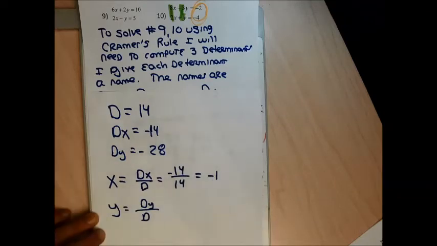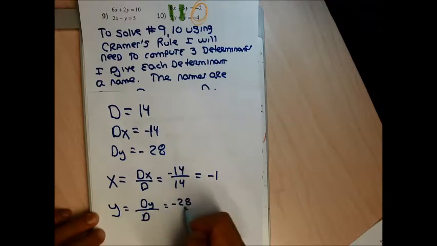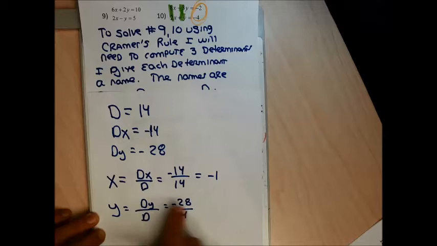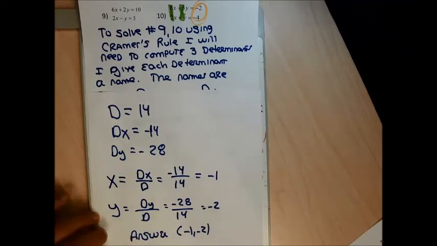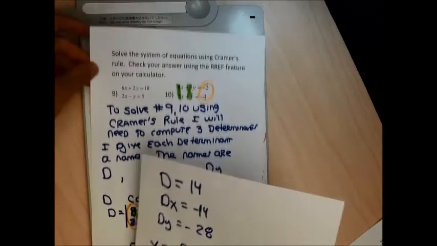That gives me -1. Y is -28 over 14. This gives me -2. My answer is going to be -1, -2. It's a monstrous amount of work, but it works.